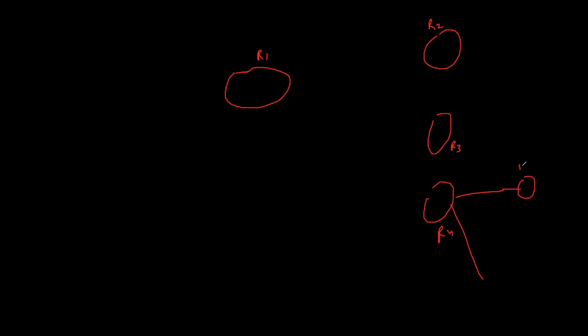Let's say this is R5 and this is R6. And they are connected with different networks. Just a moment, let me write over here. I would create both tables over here, FIB and RIB table both.